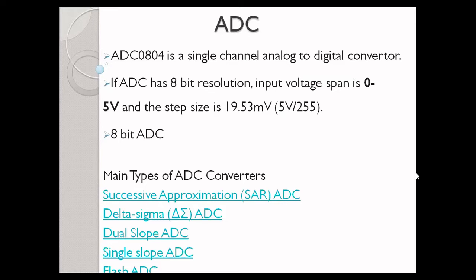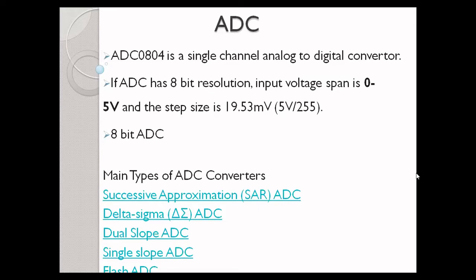Next, how to calculate the analog voltage into digital voltage. So take an 8-bit ADC. 8-bit means 2 power 8. So 2 power 8 is nothing but 256, that is 0 to 255. That you have to put in the denominator. Next, the numerator is the analog voltage, that is 5 volt.